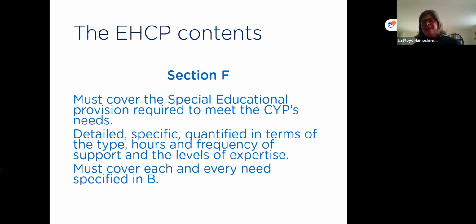It's got to say how often the provision is implemented and who's doing it. So you've very much got to think: who, what, where, how long. It's the should and the must, isn't it? It's the weasel words. What you don't want to see is 'as required'.